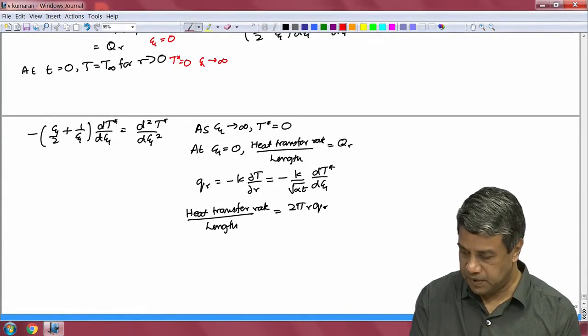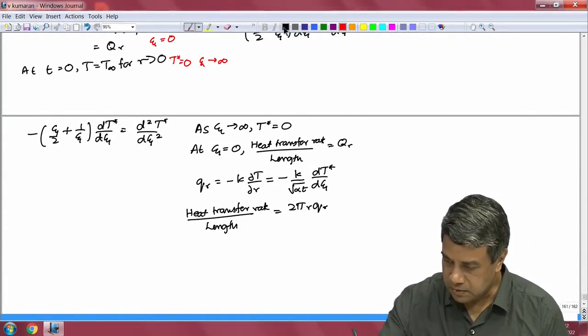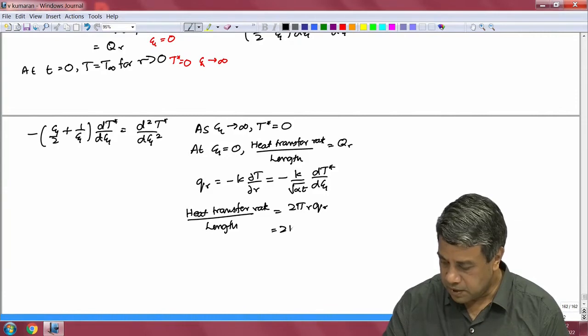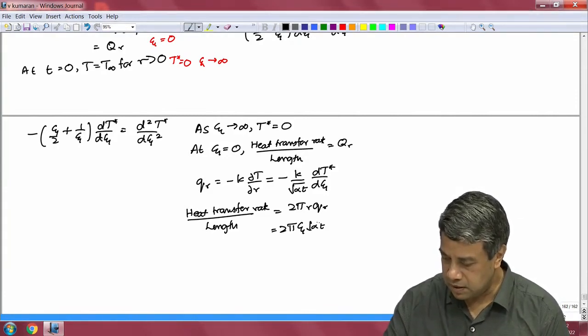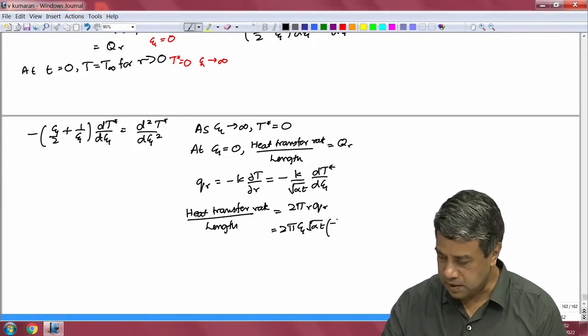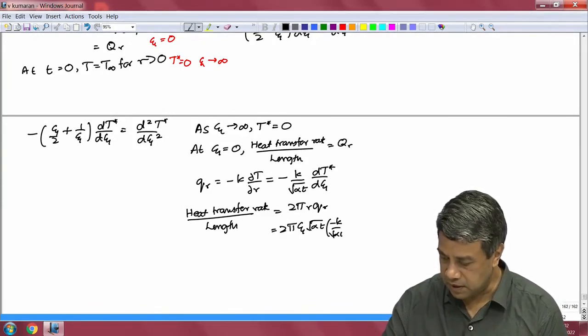Okay. So, this has to be equal to 2 pi psi root alpha t into qr, which is minus k by root alpha t dT by d psi.